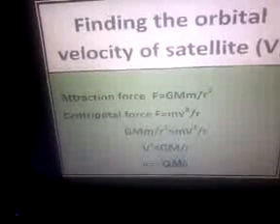And now, let's find the orbital velocity. As we know, the attraction force F equals G M m over r^2, and also the centripetal force F equals m v^2 over r. All of us know that the attraction force can be considered as a centripetal force.